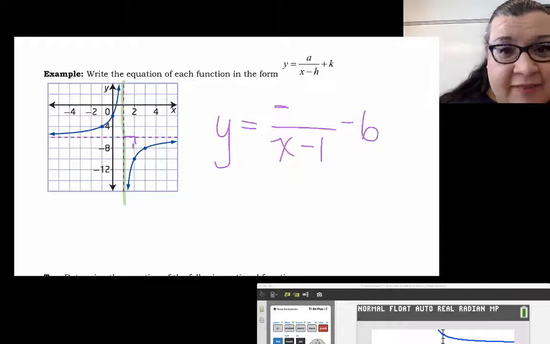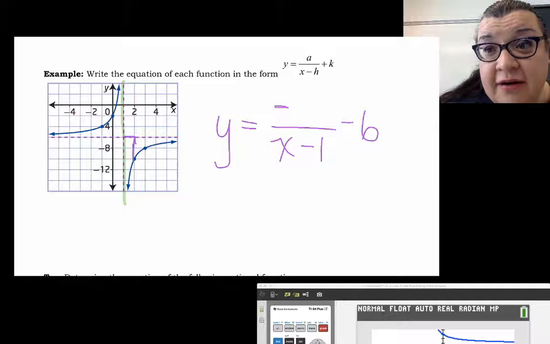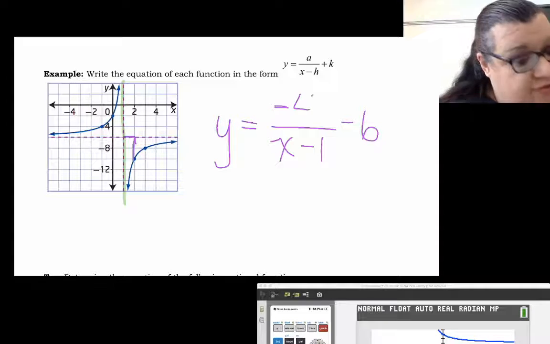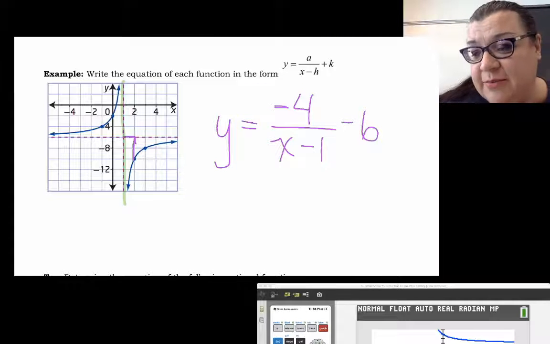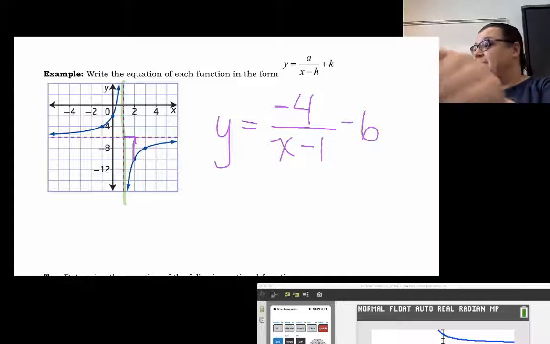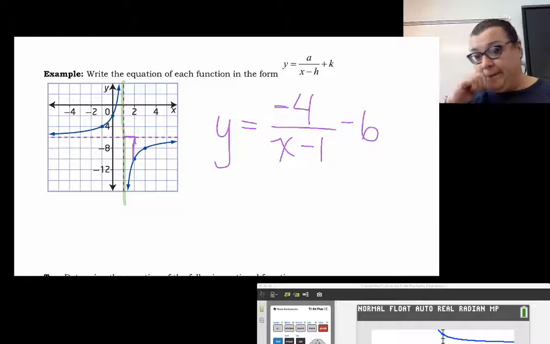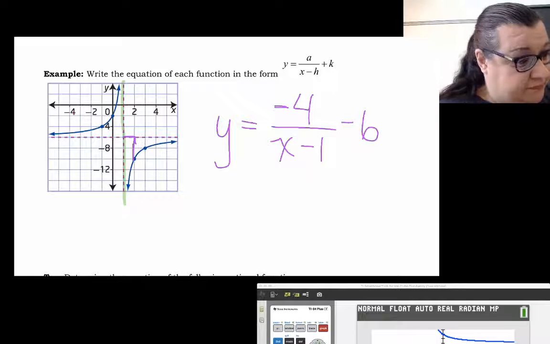So I'd be somewhere about there if I had a stretch value of 1. But I don't. How far are we over? We're over 1 and down 4. So that makes our stretch value a 4. And again, it's a negative because we have flipped across the x-axis. Okay? So that would be the equation of that rational function.